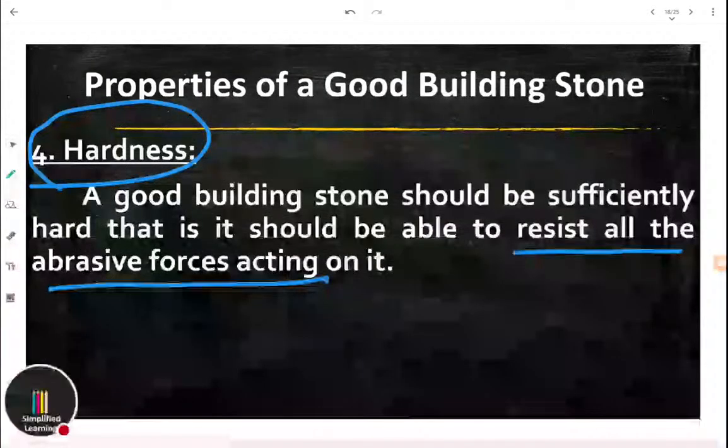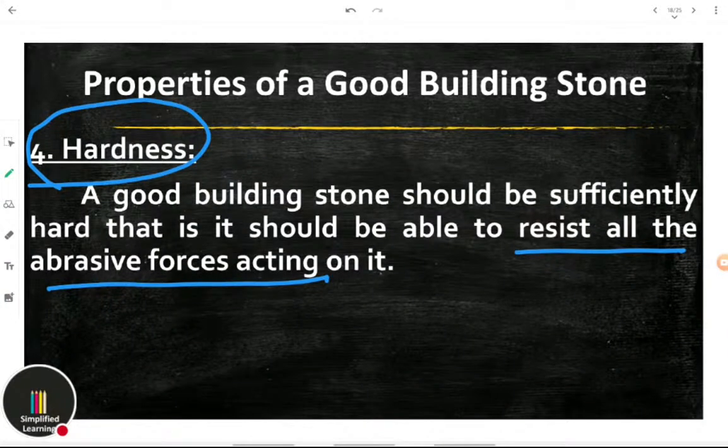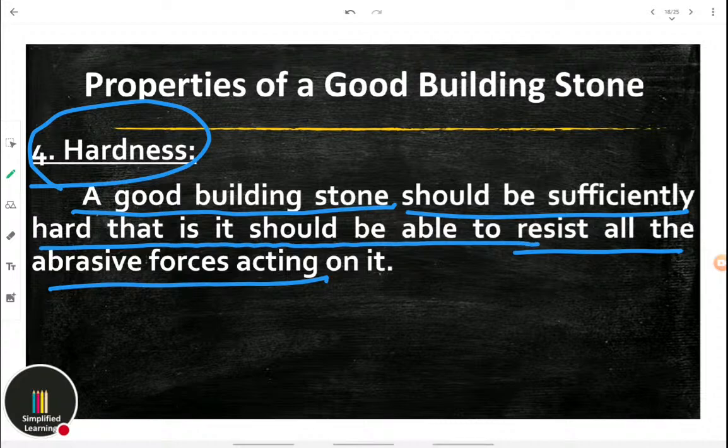We will be discussing all the properties, just like toughness, strength, of the aggregate in transportation engineering. But for now, just remember, in properties of good building stone, hardness is a desirable property. A good building stone should be sufficiently hard that it is able to resist all the abrasive forces.